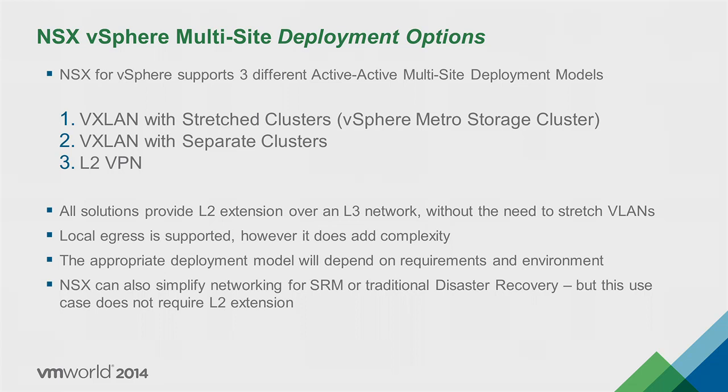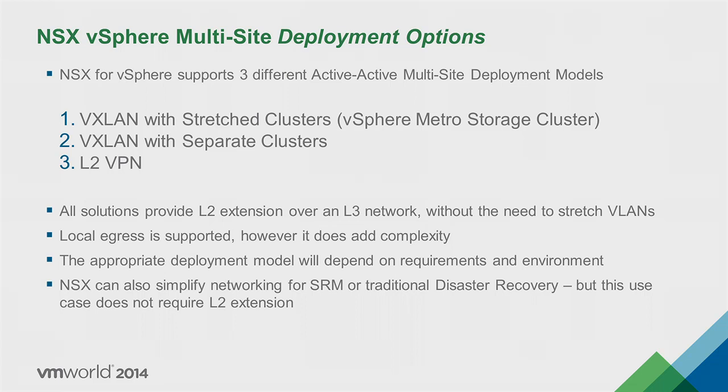The key point here is that all of these solutions meet the core requirement of providing an optimized layer 2 extension over a layer 3 network that spans more than one site and enables our workload and IP address mobility without the need to stretch the underlying VLANs. Another important point is that these solutions do support local egress.